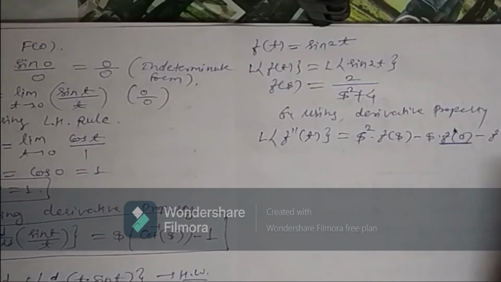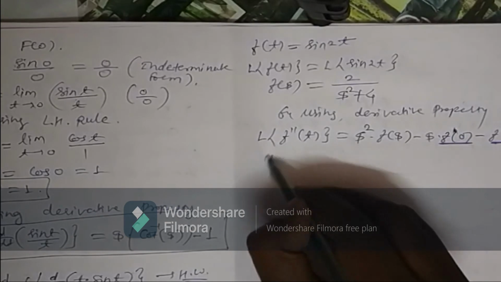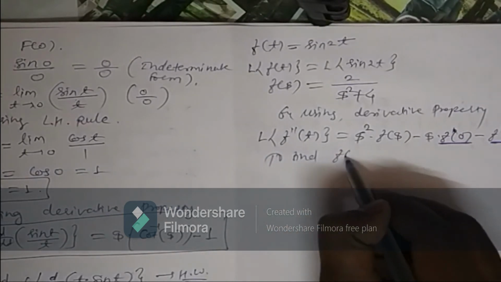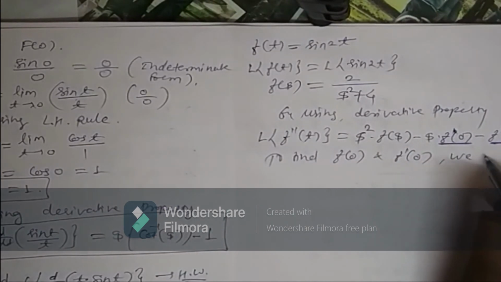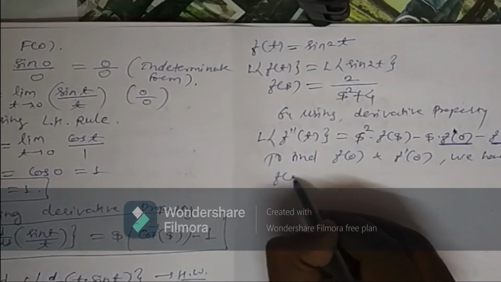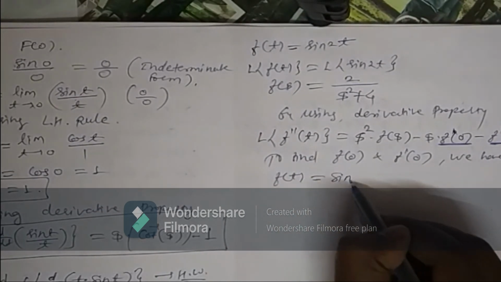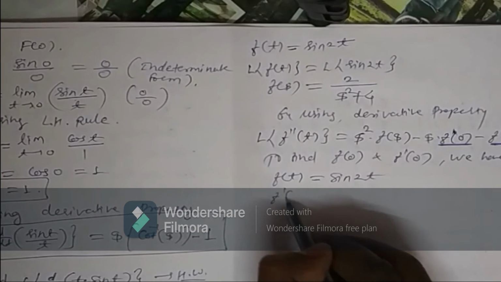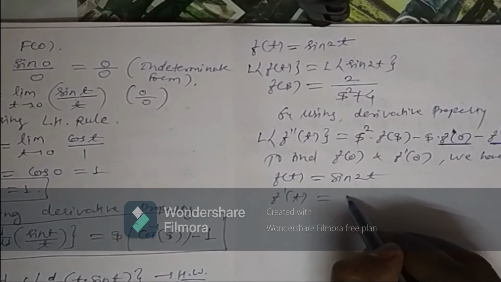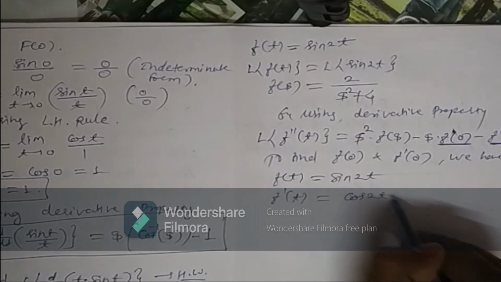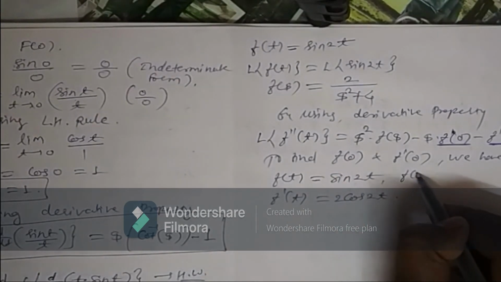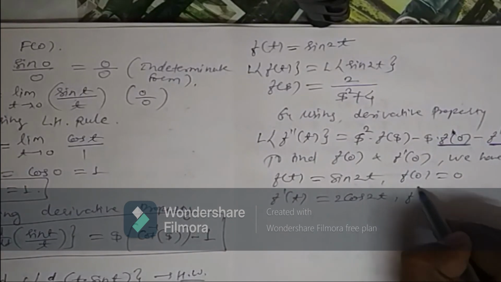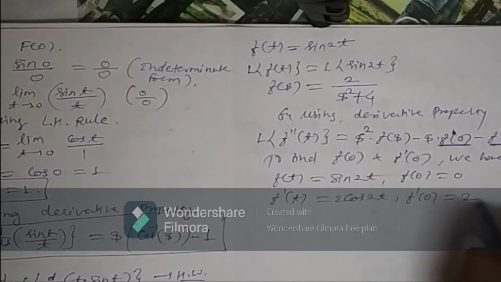Now we have to find the value of f of 0 and f dash of 0. F of t is equal to sin of 2t is given. So what is f dash of t then? The derivative of sin 2t is cos 2t into the derivative of 2t, which is 2. So f of 0 will be 0, and f dash of 0 will be 2.